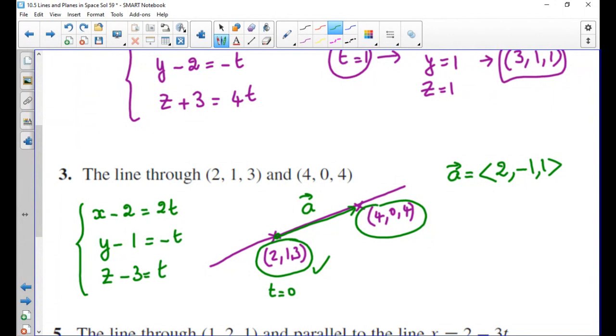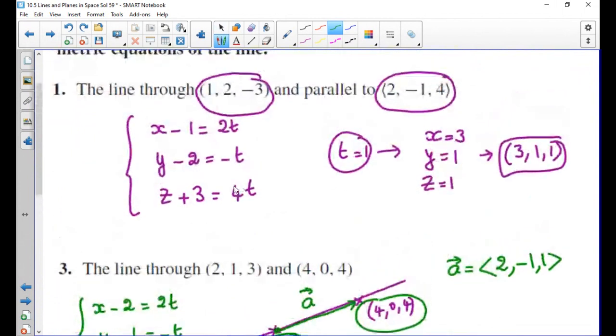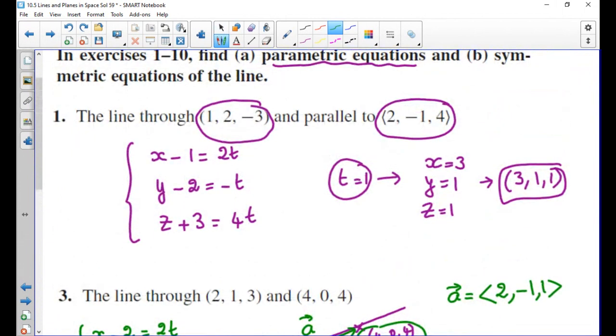You can see x equals 2, y will be 1, and z will be 3. Is it the same for every equation? Any equation like this, yes. If you are using the point, here, for example, what was the point? 1, 2, minus 3, yes?